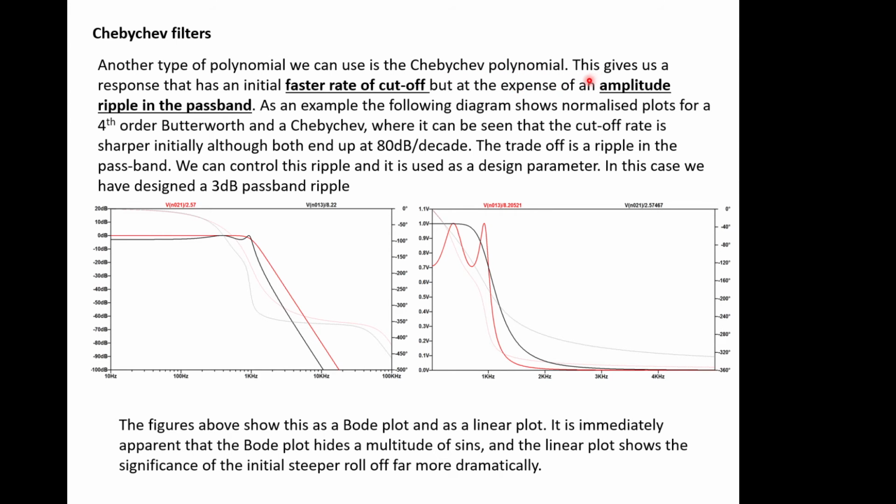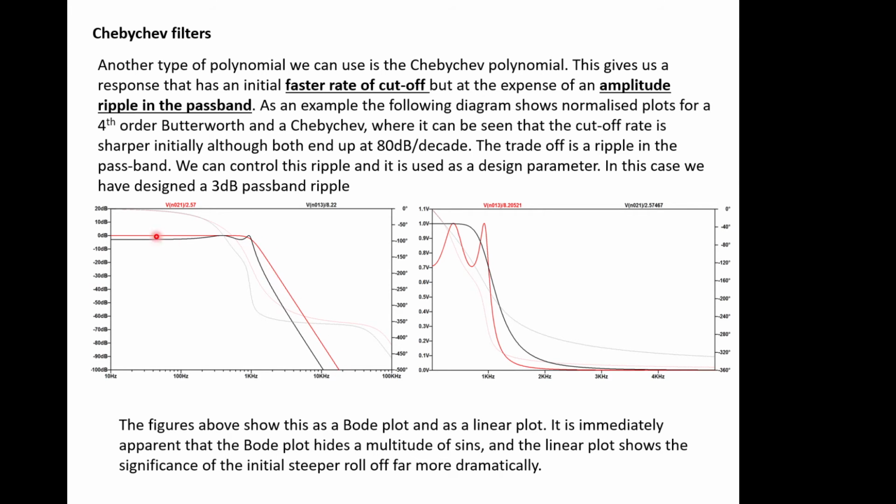The nice thing about the Chebyshev polynomial or Chebyshev function is that you actually have an initial faster rate of cutoff, but at the expense of an amplitude ripple in the passband. So what does that mean? Here's the response for a Butterworth filter, which is nice and smooth and running away.